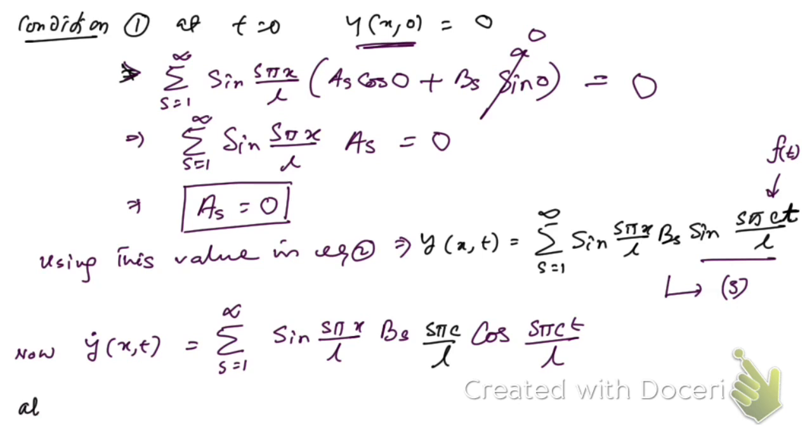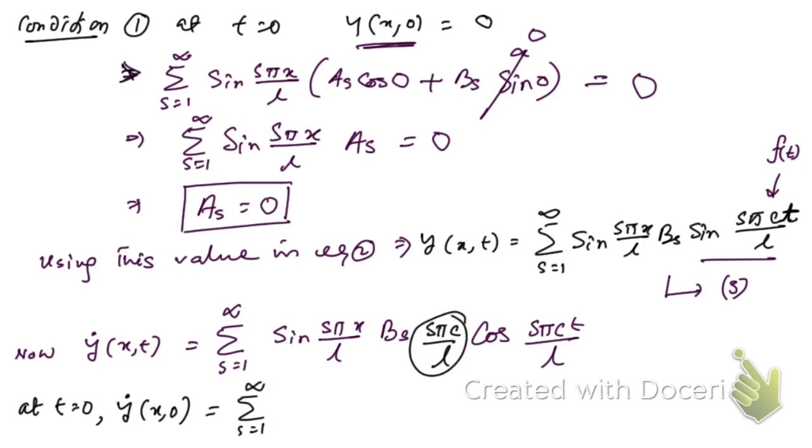Now at t is equal to 0, y dot of x comma 0. If you put t is equal to 0 here, then cos 0 will be 1. So this expression can be written as summation s is equal to 1 to infinity.